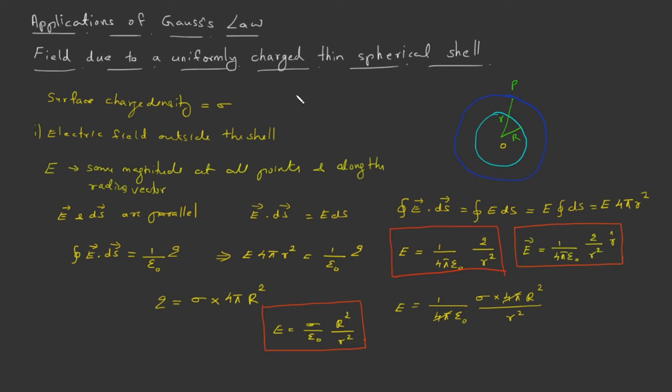From this equation, we can easily say that if Q is greater than 0, that is positive, then E is directed outwards, and if Q is less than 0, that is negative, then E is inwards.